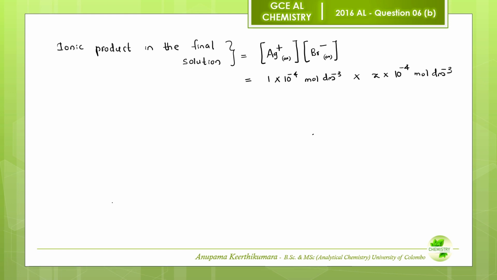The ionic product at the given temperature is 2 times 10^-8 mol^2 dm^-6.